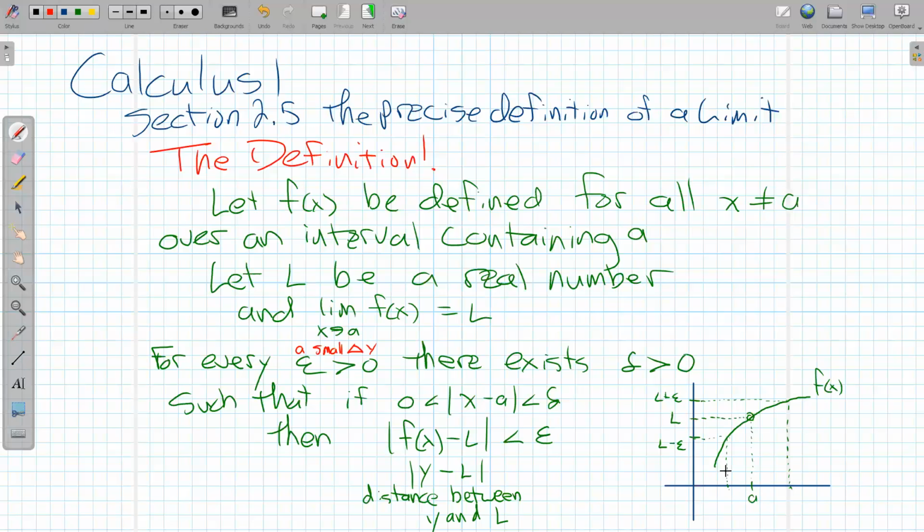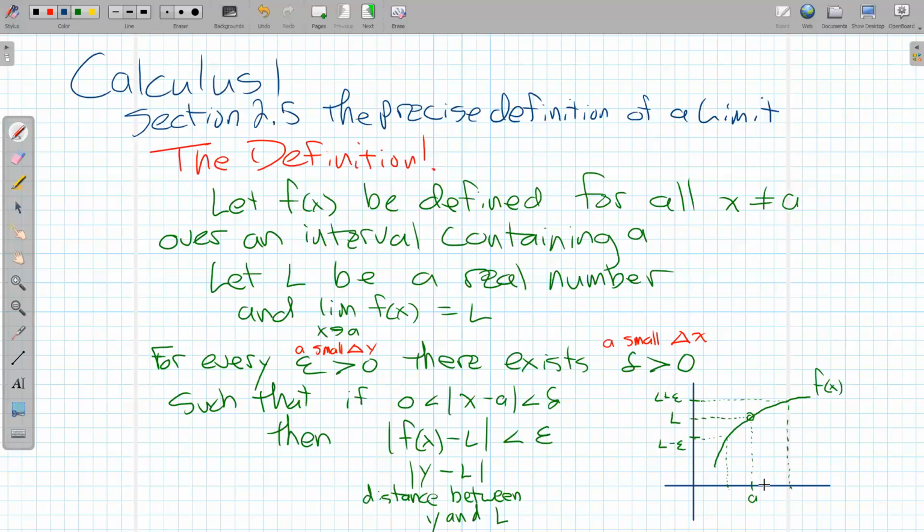Now, usually we talk about this number delta, and the number delta here is just a small change in x. Symbol for change, there we go. So what I'm trying to do is pick some x value over here.